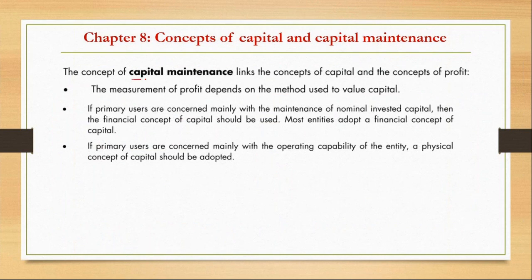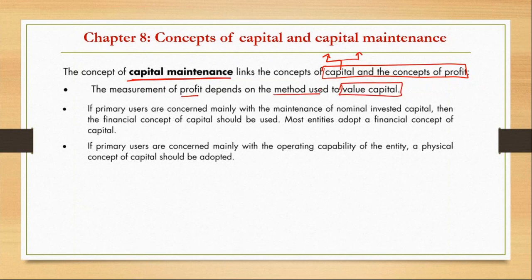So we can say that the concept of capital maintenance links the concept of capital and the concept of profit. By capital, we mean the financial and the operational capital, physical capital. The measurement of profit depends on the method used to value the capital.